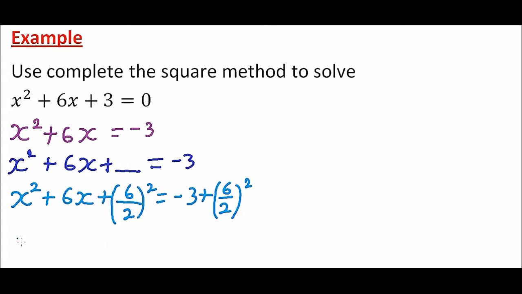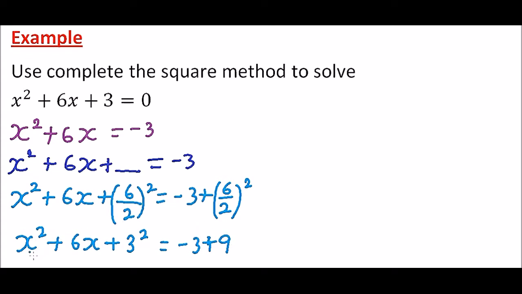So this becomes x squared plus 6x plus, now 6 divided by 2 is 3, so it is 3 squared, is equal to minus 3 plus, now 6 divided by 2 is 3, then you square, you get 9.